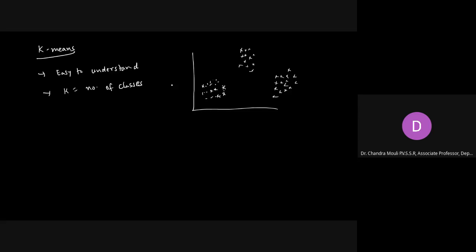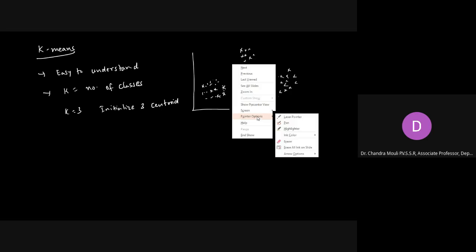So we take the K input, and then we take each data point and classify it with respect to the inputs you have been given. If I take K as 3, then I will randomly initialize 3 centroids, the central elements. Let us assume that those central elements are like this.